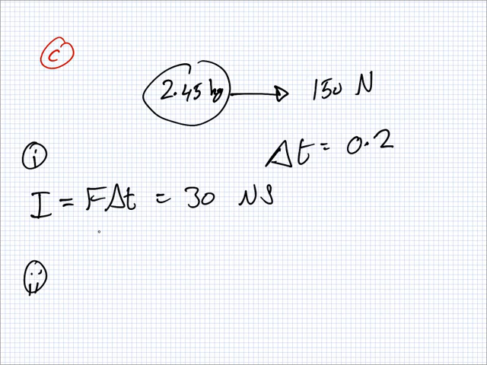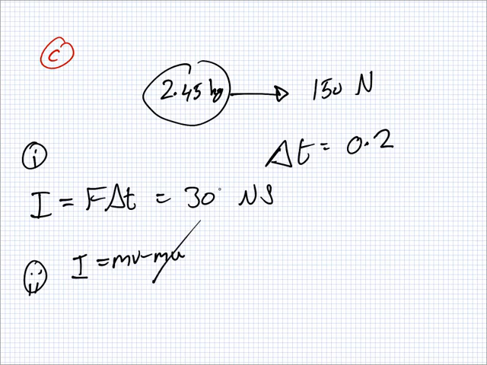Well, there's another formula for impulse, do you remember? mv minus mu, the change in momentum. What's the momentum at the start? I think it starts at rest, does it? Disgraceful. They should have said it's at rest. Anyways, it is at rest.